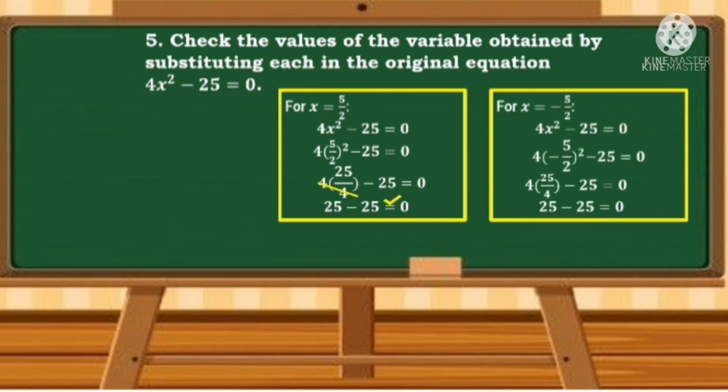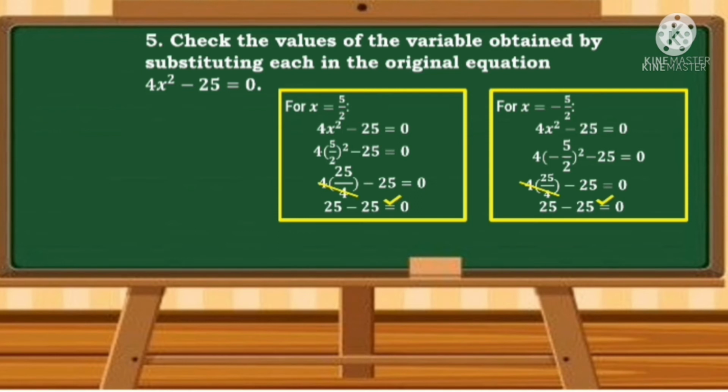So for x equal to negative 5 over 2, substitute negative 5 over 2. So 4 times negative 5 over 2 squared. Squaring negative 5 over 2 will become 25 over 4. You can cancel 4 and then bring down 25 minus 25 equals 0. So that is also correct. So both values of x satisfy the given equation.